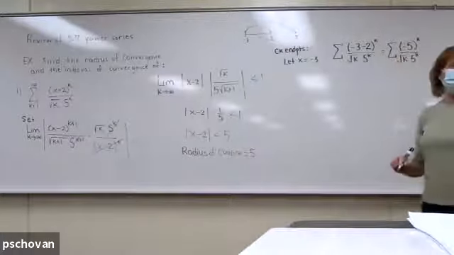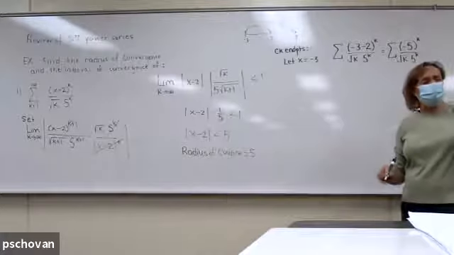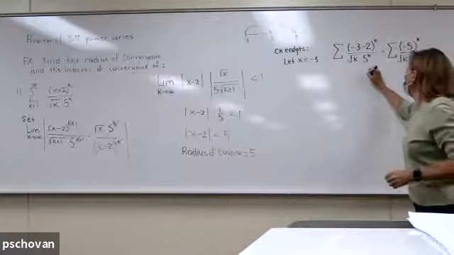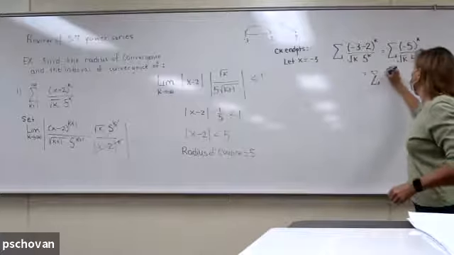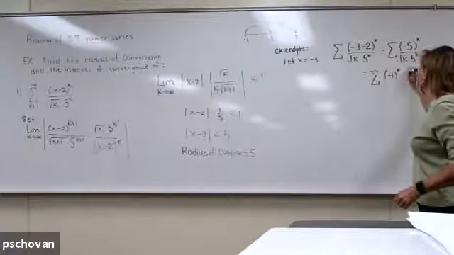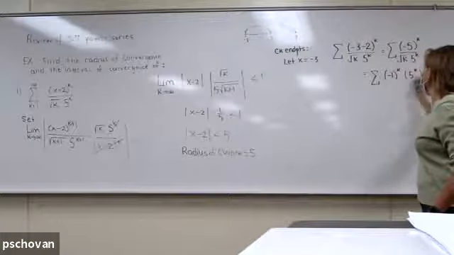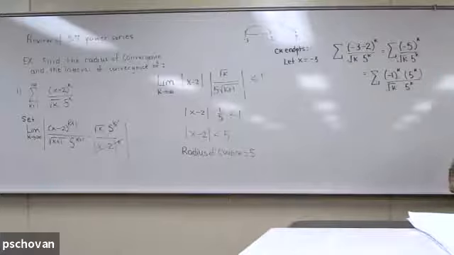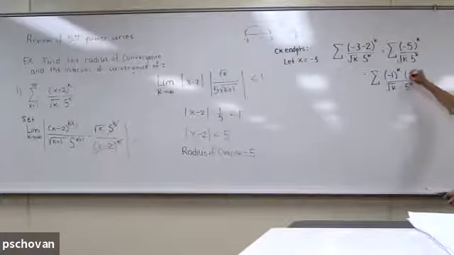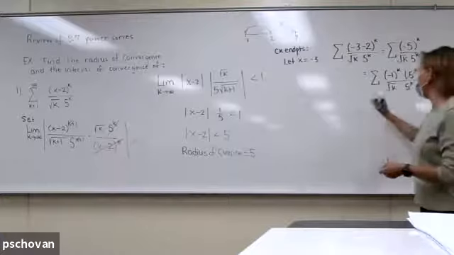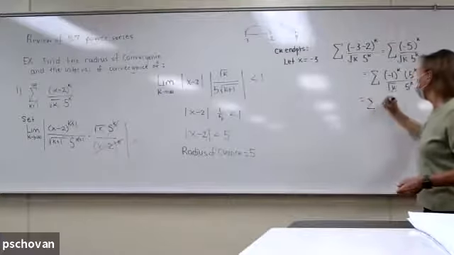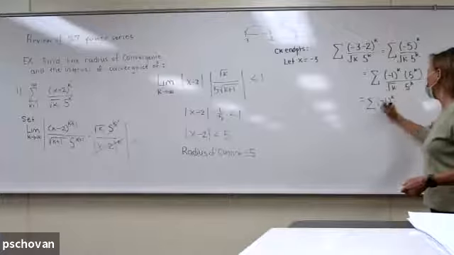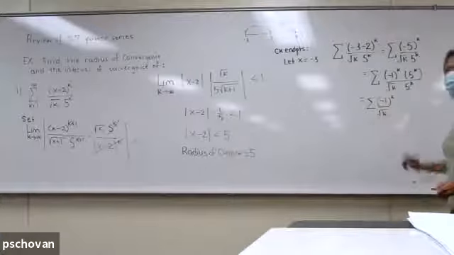And remember that (-5) to the k is the same thing as (-1) times 5, both to the k. So I can write it like this: (-1) to the k, 5 to the k, over square root of k, 5 to the k. That allows us to cancel those 5s. And you tell me what you know about the series that's left. (-1) to the k divided by the square root of k.